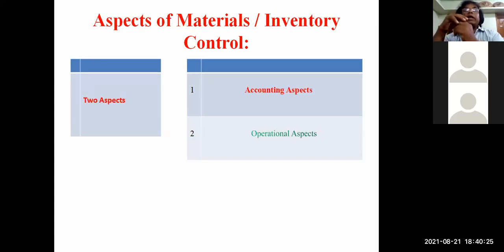Then there are two aspects of material control. If you go by aspects, there are two: one is the accounting aspect, the other is the operational aspect. In financial accounting, whatever accounting you have learned so long, apart from cost accounting and management accounting, that is financial accounting.